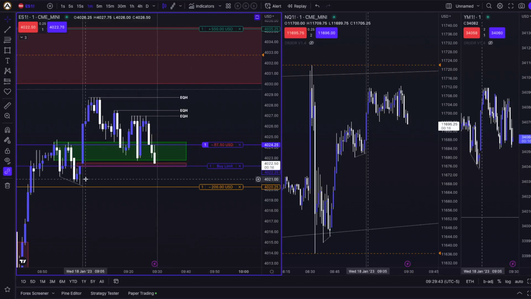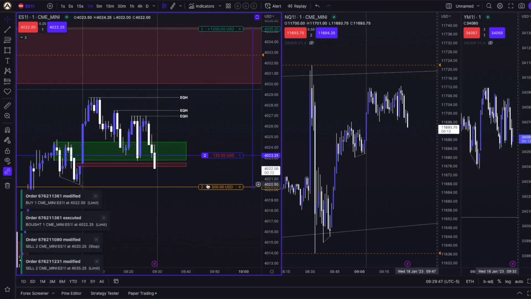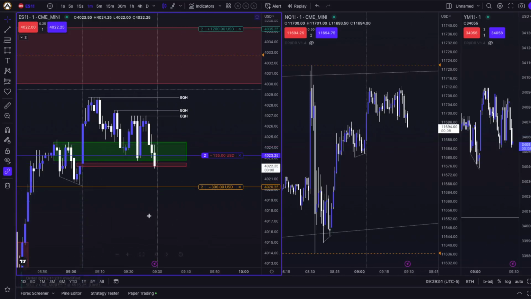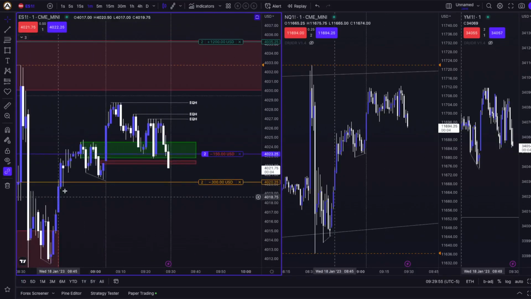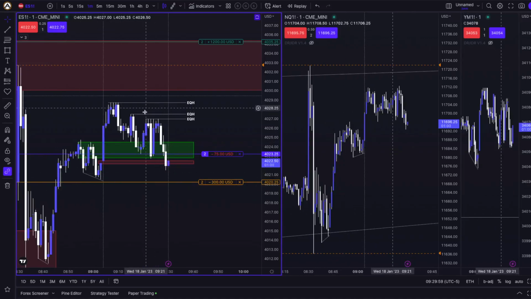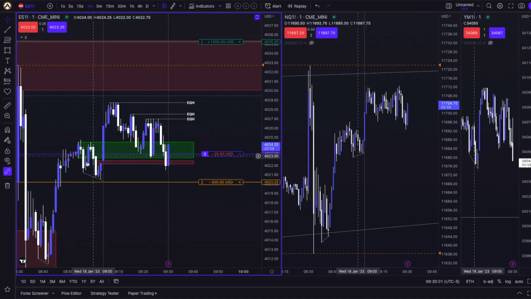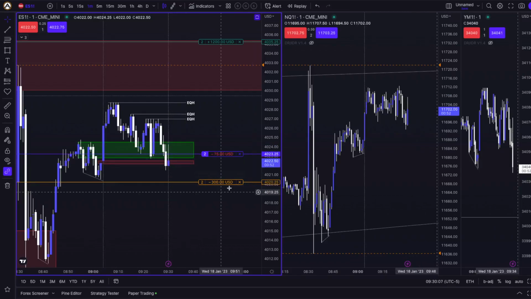Let's see if we get triggered with this volume imbalance down here. Of course, we have plenty of fair value gaps and volume imbalances that could be filled down here. This was just a trade, and we see we got a beautiful reaction off this volume imbalance. We have market open, so we will see if our stop loss is being targeted or not.